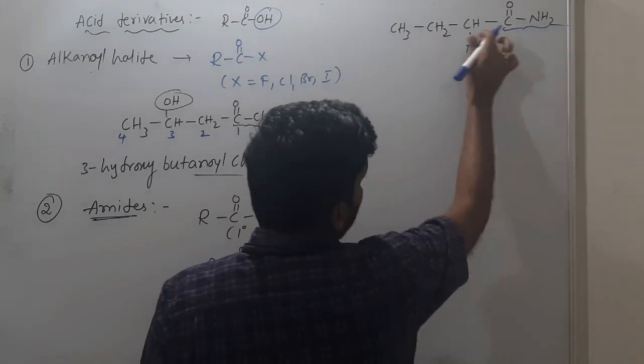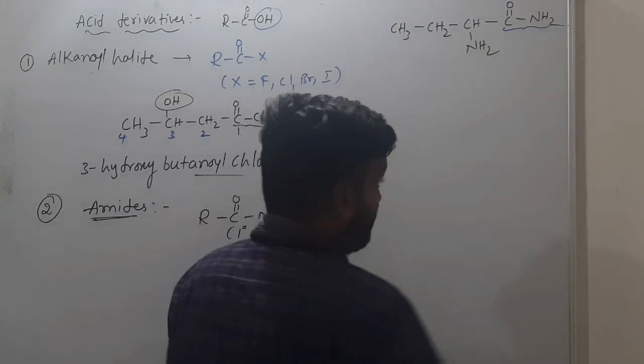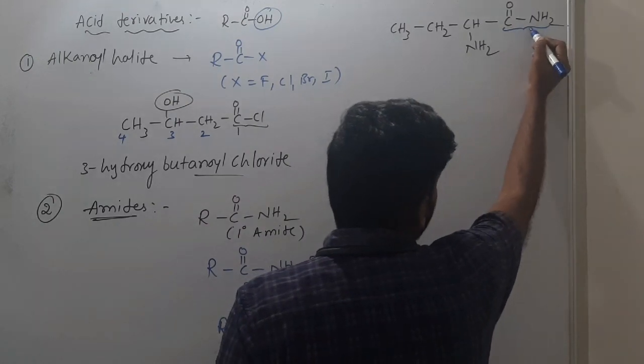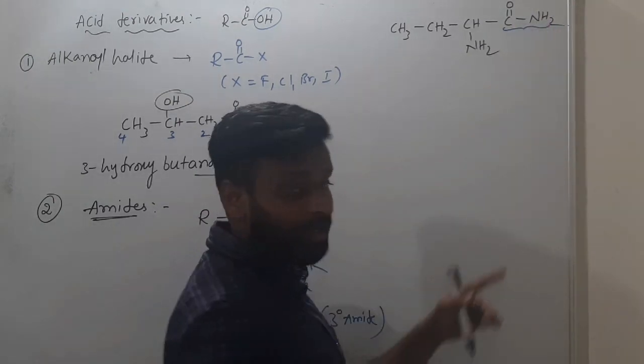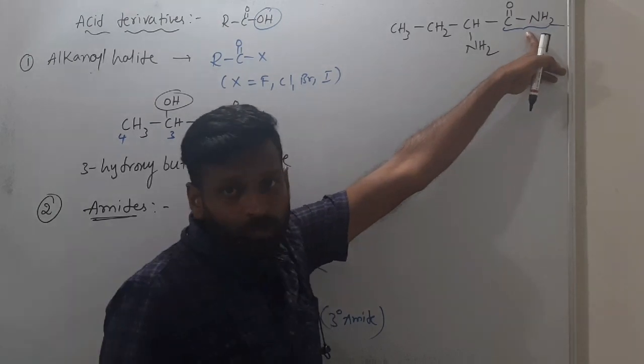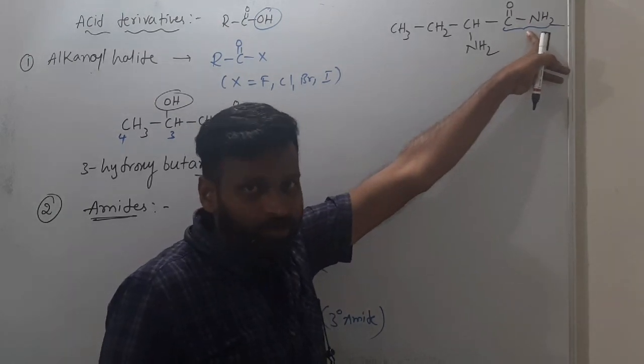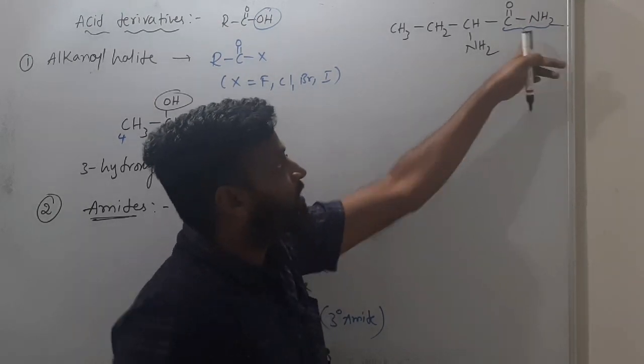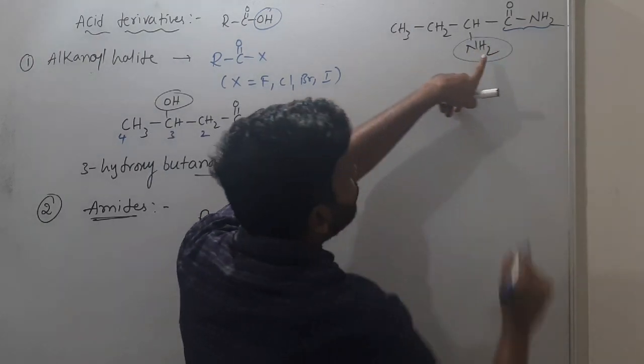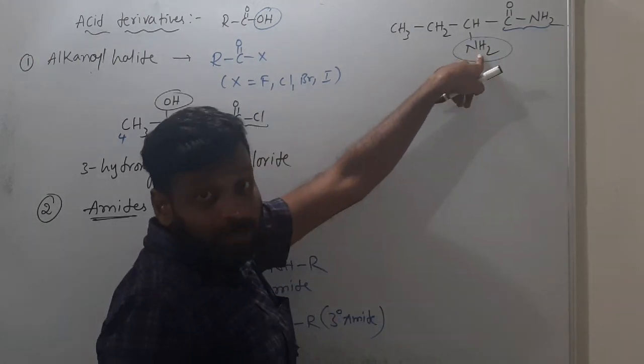The NH2 alone is the amine functional group, but C double bond O–NH2 is called amide, which has the highest priority. You can check the priority list: COOH comes first, then acid derivatives. So the amide is the functional group.